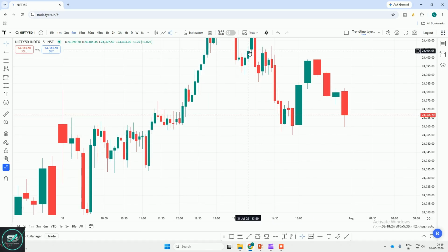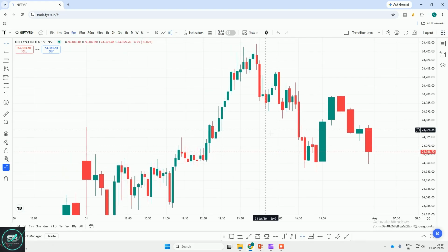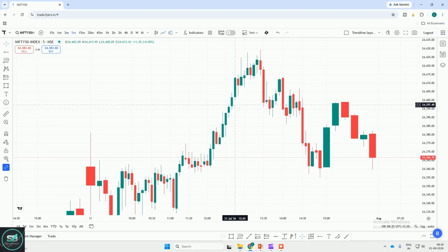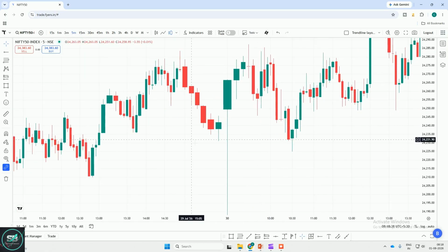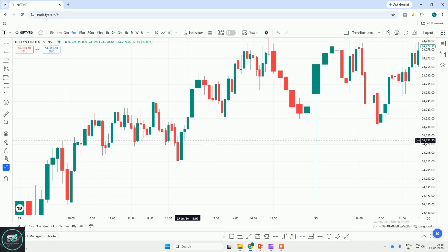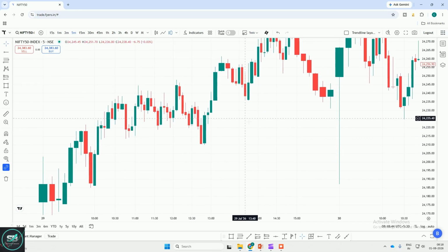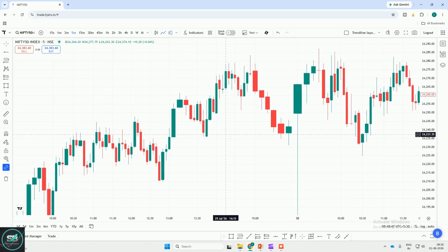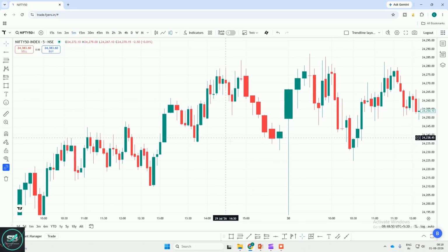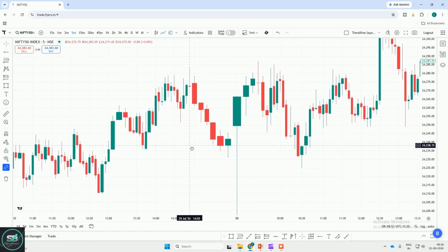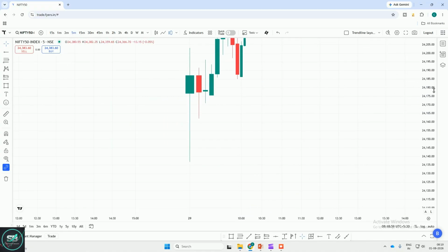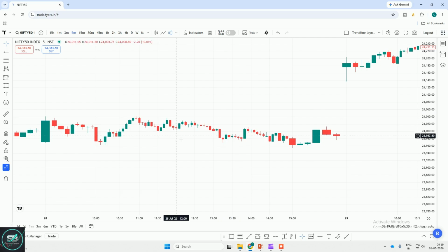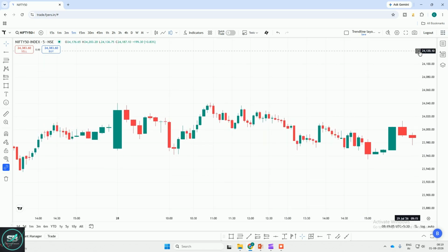Here, yeah, no gap. Let's see any of the previous days. This inversion you will see very rarely, inversion FVGs, but when that happens, that will be a good opportunity for us to trade. So almost the market is sideways.